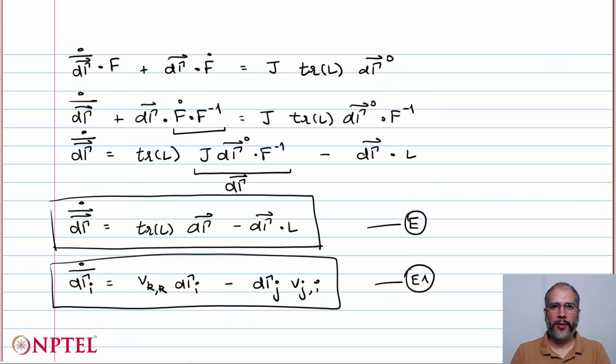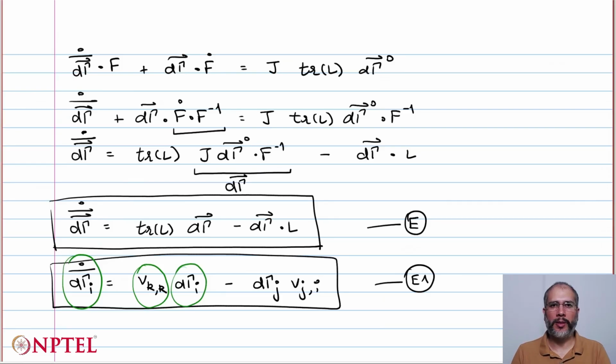So as expected, we have expressed the material derivative of the area in the deformed configuration in terms of the area in the deformed configuration and the velocity gradient tensor for the deformation.